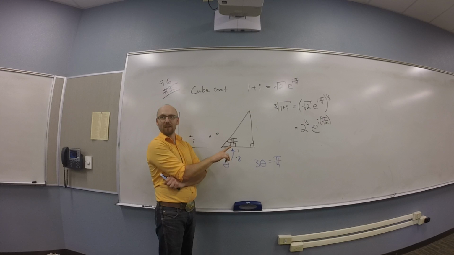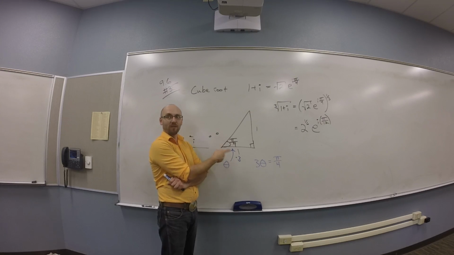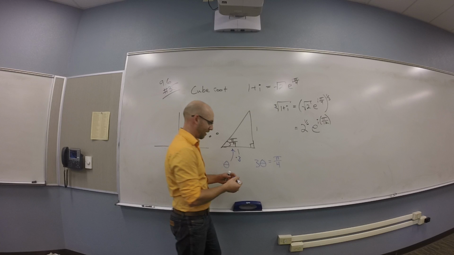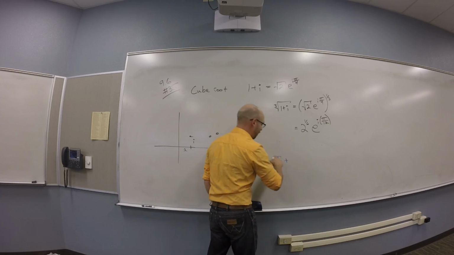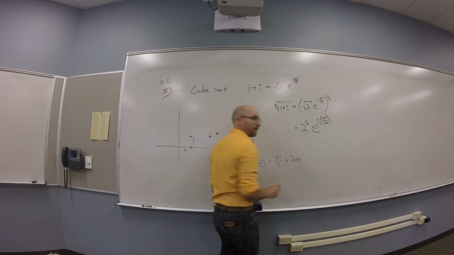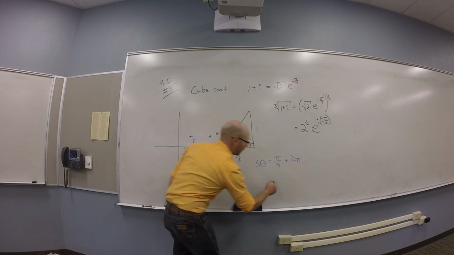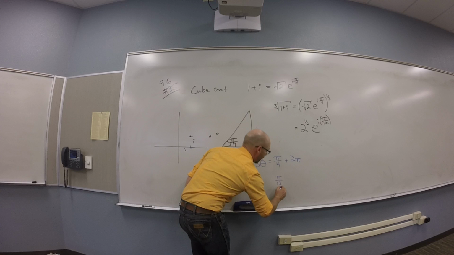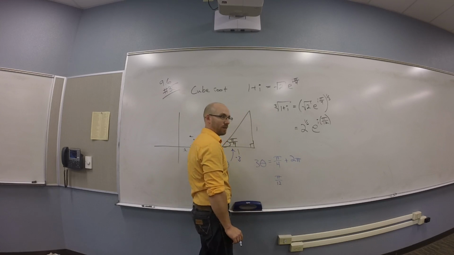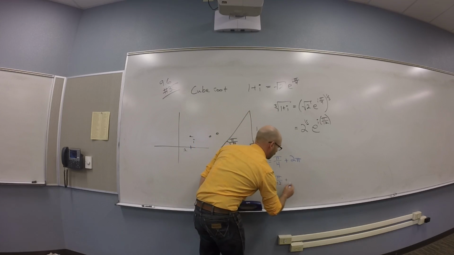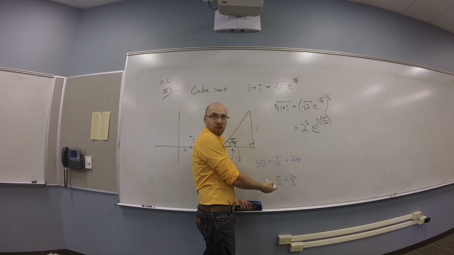So it's not just pi over 4 that you have to worry about. What if you had pi over 4 plus 2 pi, for instance? Then your angle would be pi over 12 plus 2 pi over 3, which is a legit angle, right?